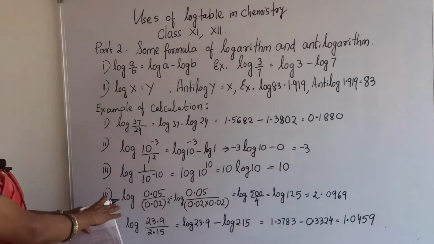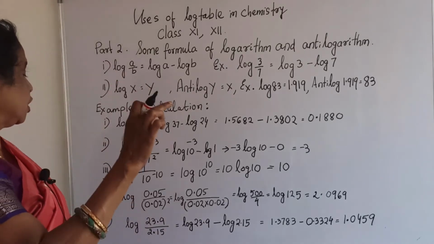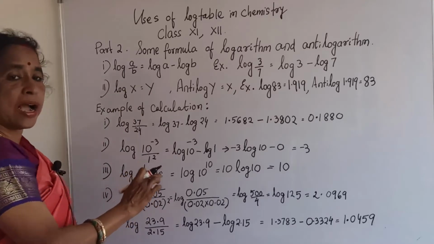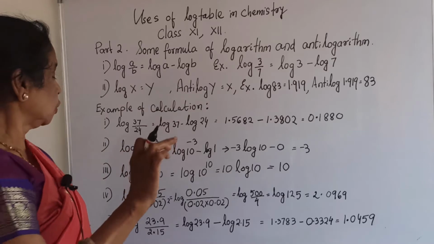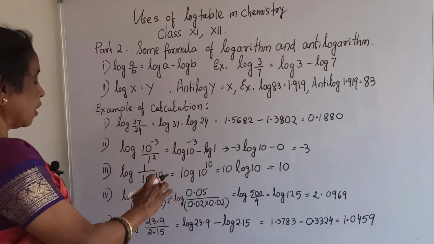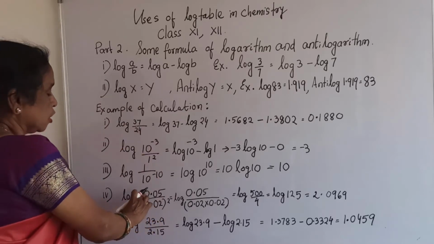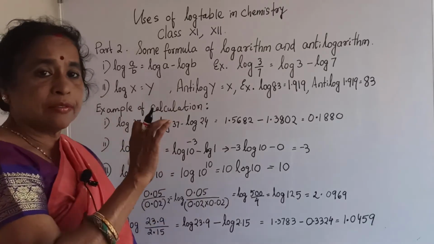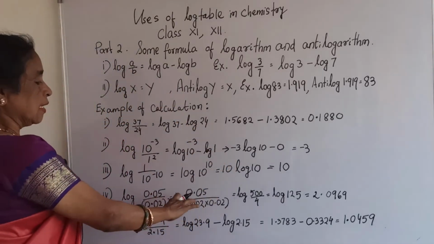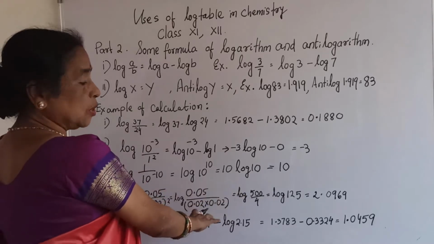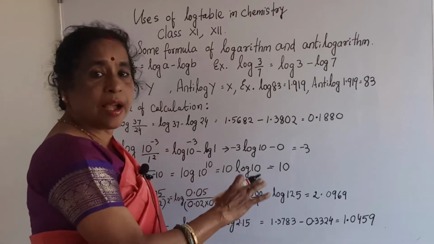And the next example, here log 0.05 divided by 0.02 to the power 2, or whole square. Then what to do? Here you will simplify this one. 0.05 divided by 0.02 square, then after simplification it comes to log 500 by 4.